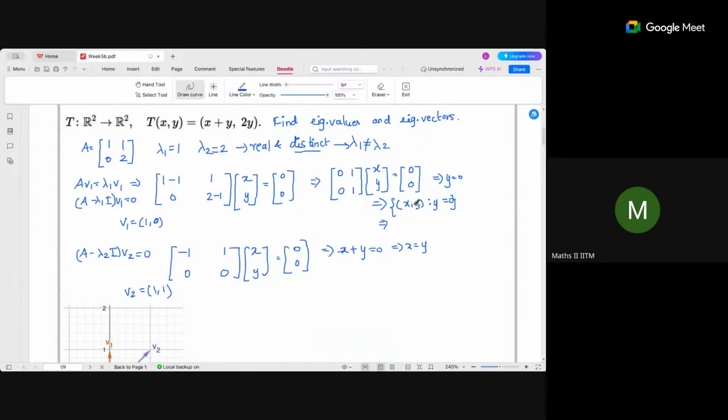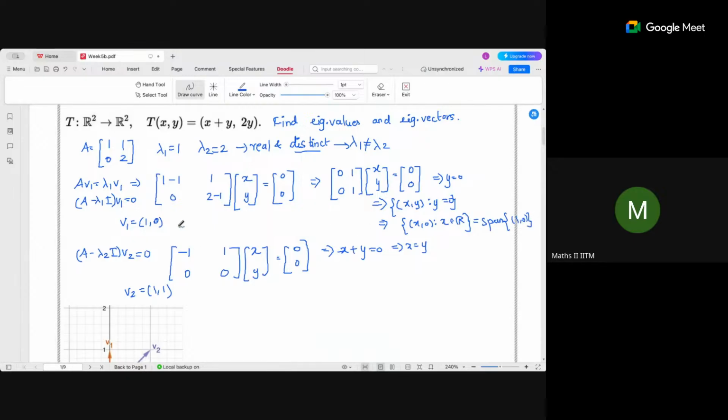There is no such rule that we have to take x is equal to 1, because here you see this can be rewritten as the set of all x comma 0 such that x is in R, which is just the span of 1 comma 0.